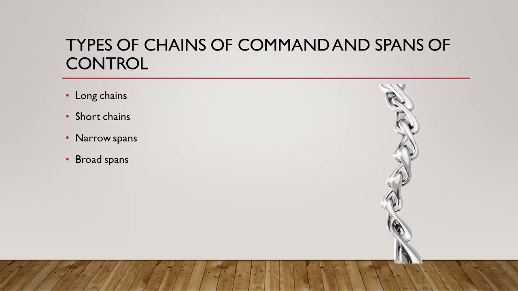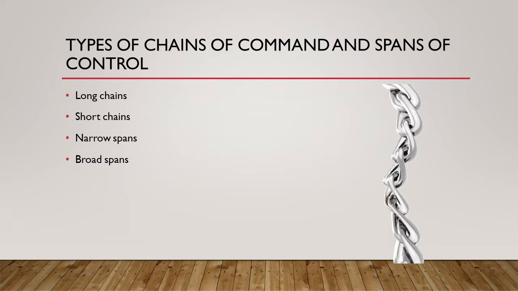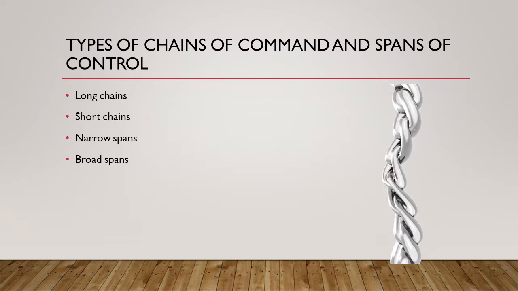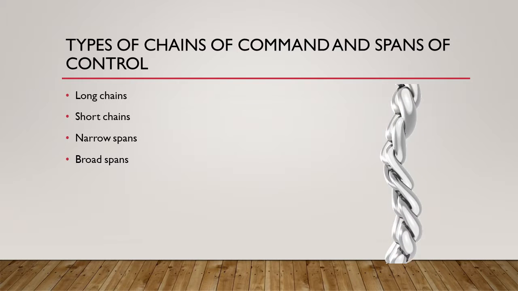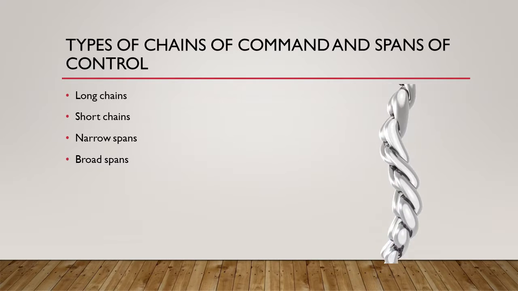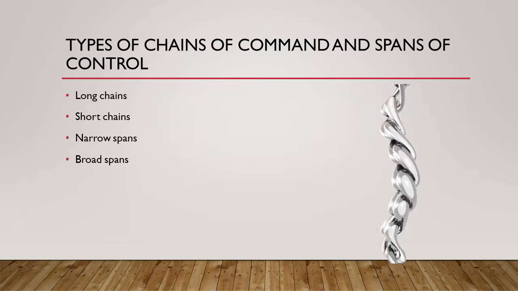Now some organizations like the army are going to have very long chains of command. We start from general, and even when we are talking about the general, we have different levels: lieutenant general and then major general. So we have different levels of generals, and then we have brigadiers, and even in them we have different levels, and then colonel, and then major and captain, and we have so many variations.